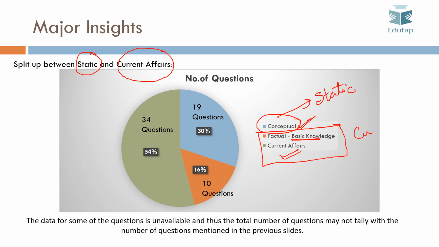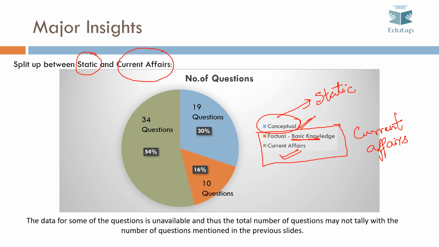Now friends, we usually get a lot of queries when it comes to ESI, whether you need to give importance to current affairs or to static. When you see this data, you can very clearly see that if you talk about just concept-based questions, there were 19 questions asked, and the remaining 34 plus 10 questions were from your current affairs part.